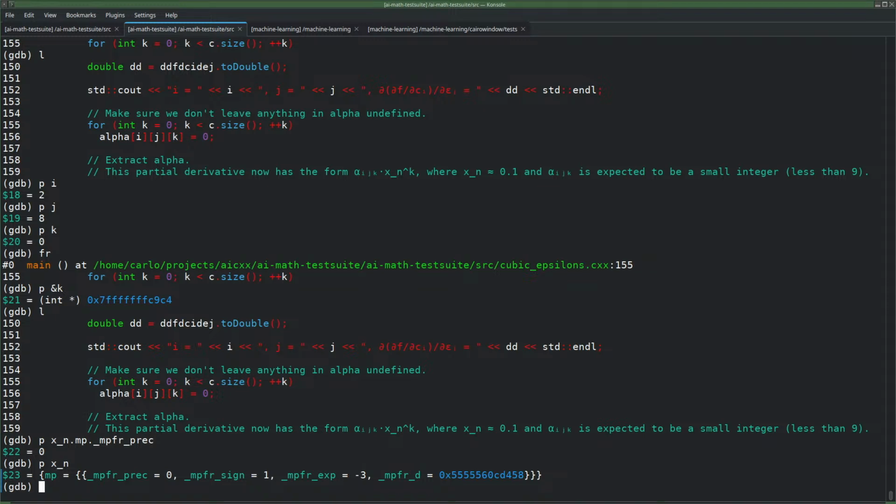Something is overriding xn the moment you write to alpha, but as far as I can see, all those indexes are sane. Unless they are not, of course.